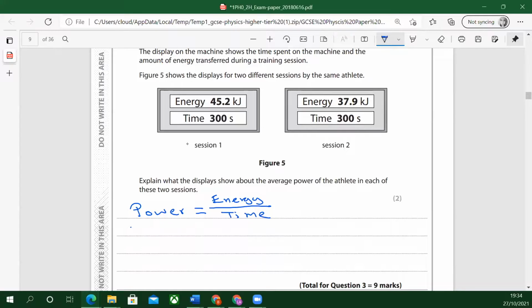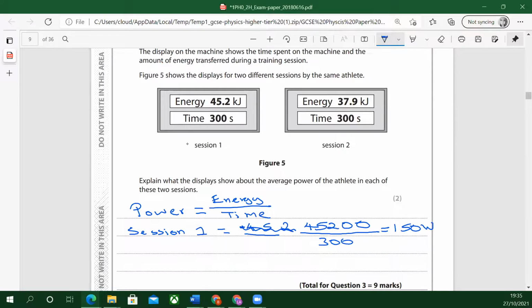Okay, so session 1, let's work it out. 45.2, so we'll go for 45,000, we'll do that actually to explain it a bit better, divided by 300. That will give us 150 watts.